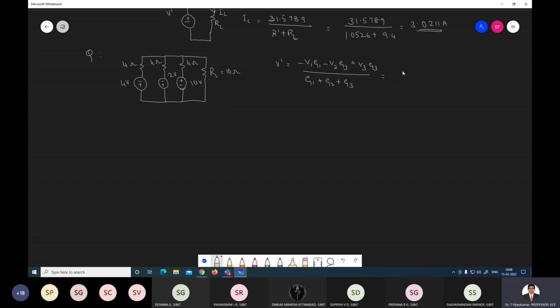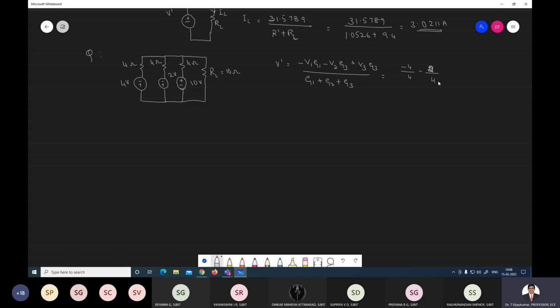That is equal to minus 4 by 4, again minus 4 by 4, and second case 2 by 4.